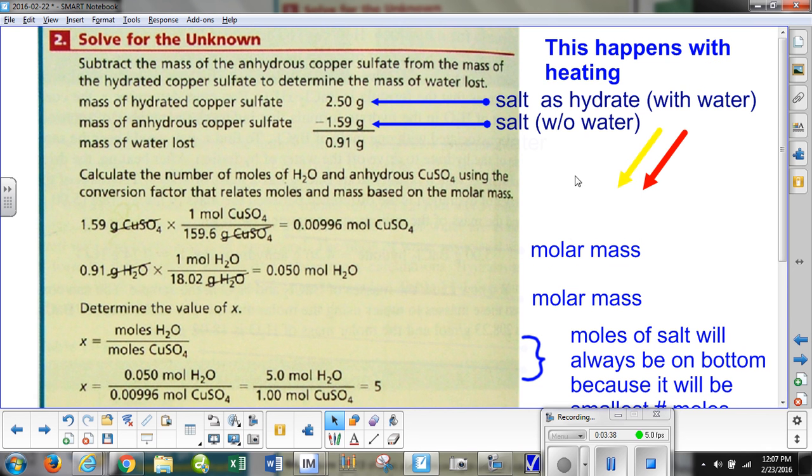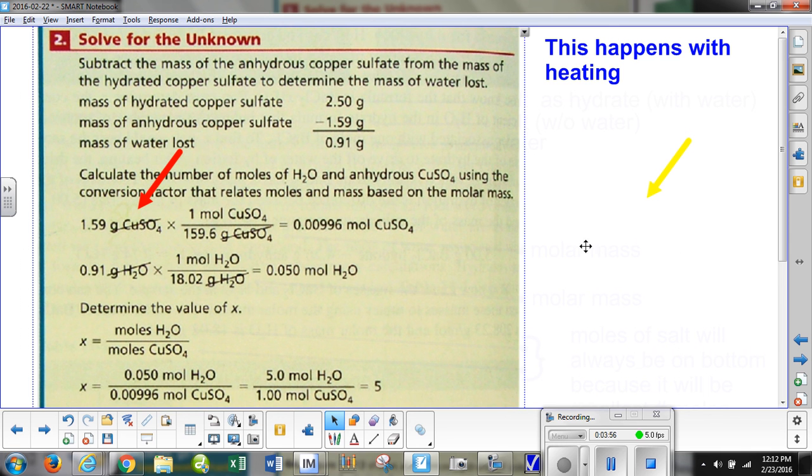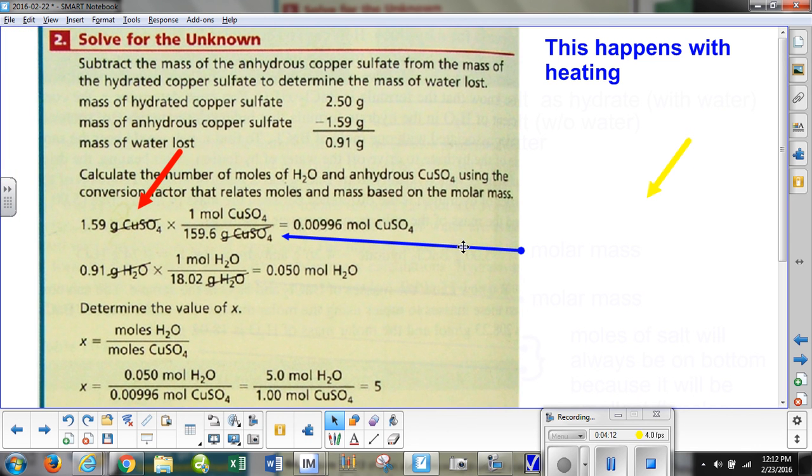All right, next thing that we're after is to go down here and look at our molar mass. Now, when we get to this next section, what we're doing is we're going to calculate the molar mass of copper sulfate, we've got to have that, and the molar mass of copper sulfate is given right here, bingo.